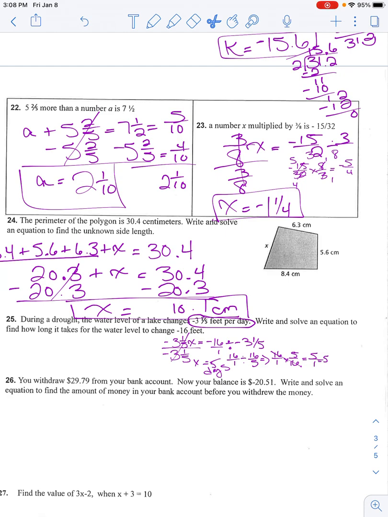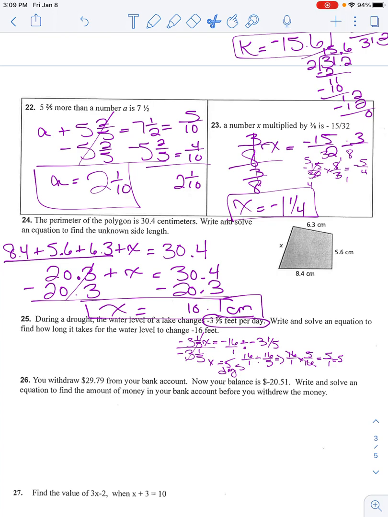Alrighty, and the last one. You withdraw $29.79 from your bank account. Now your balance is -$20.51. Write and solve an equation to find the amount of money in your account before you withdraw your money. Okay?